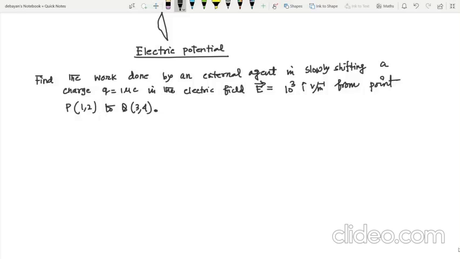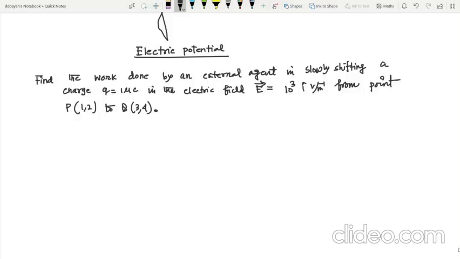The reason is that work done is force times displacement, and force in that particular case is qE. So that's why we are writing this minus qE dot dl.